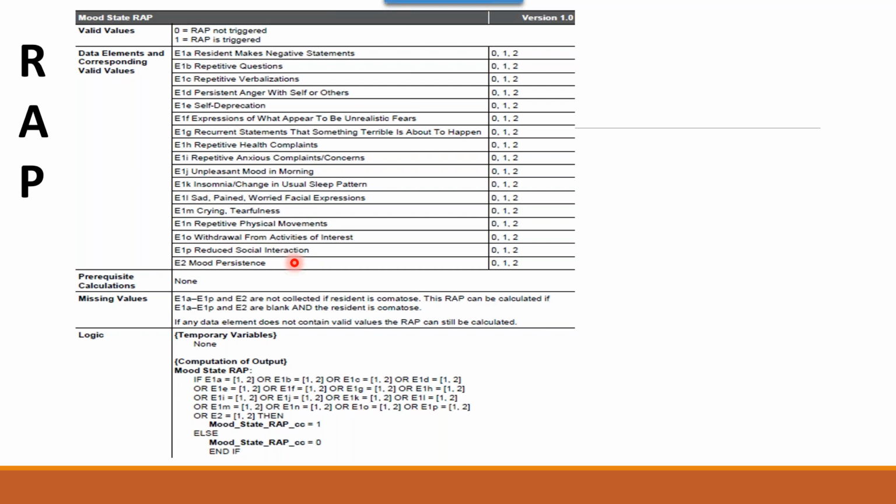So very simple or straightforward. Notice that it's triggered if any one or all of these items is not independent. Notice there's no zero score here. Okay, so if any one or all of them are not independent, then the mood RAP is triggered.